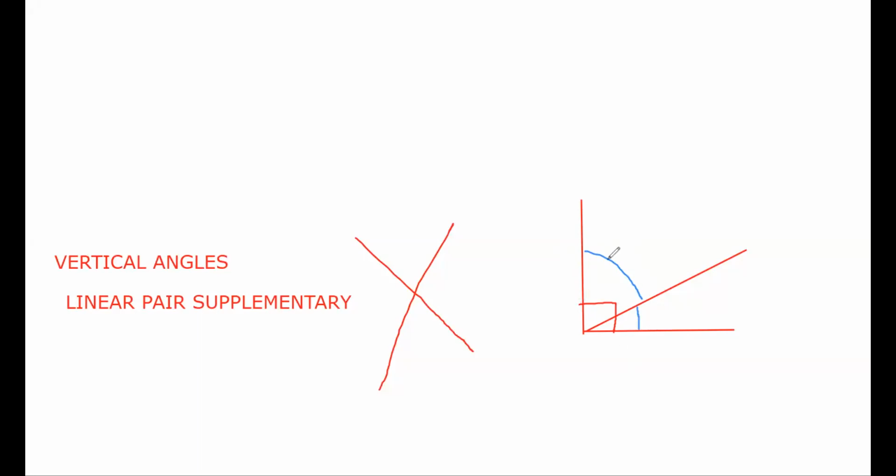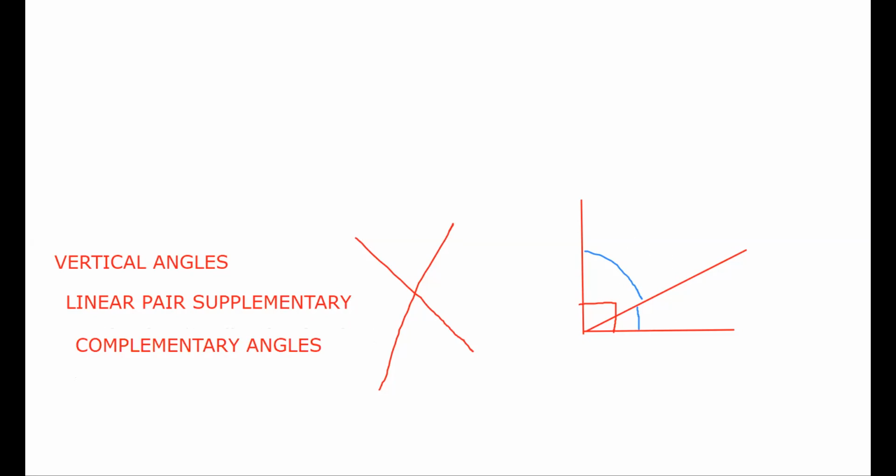This 90 degrees is actually two angles, this first and then this. So these two angles together form 90 degrees. They are called the third kind, which is complementary angles. And complementary angles mean that if you add them together, you will get 90 degrees.